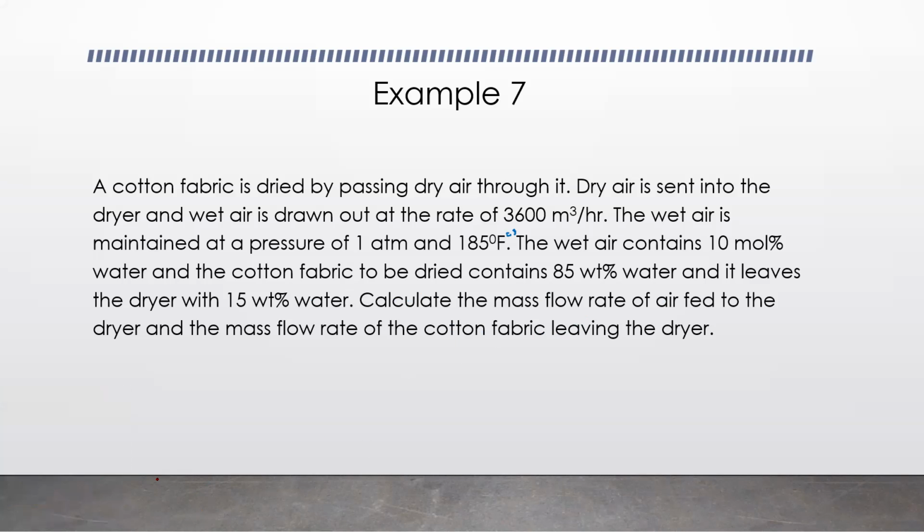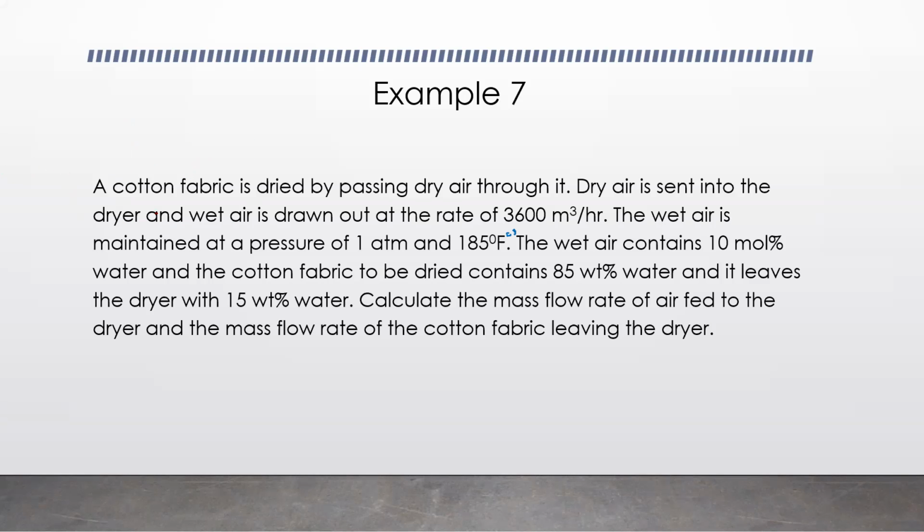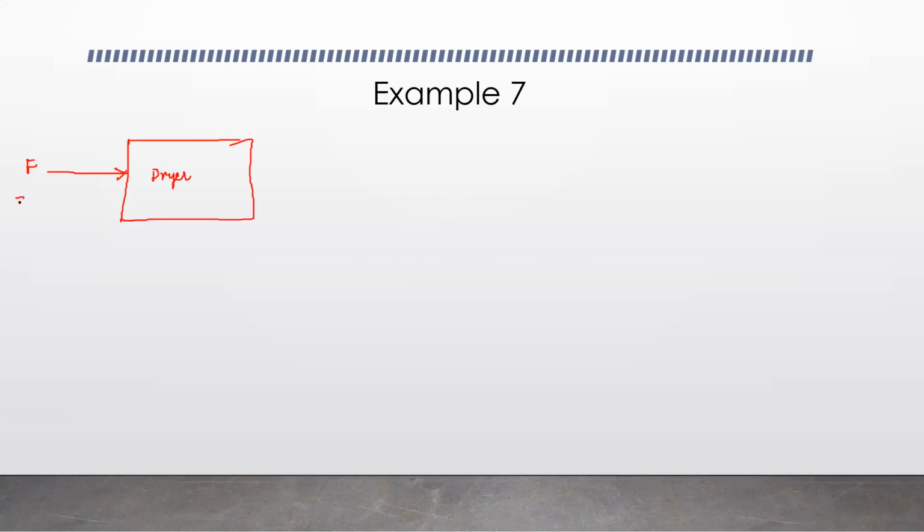The first step is always to draw a block diagram. So we have our dryer. Into this dryer goes the feed, which has an initial weight% of 85.